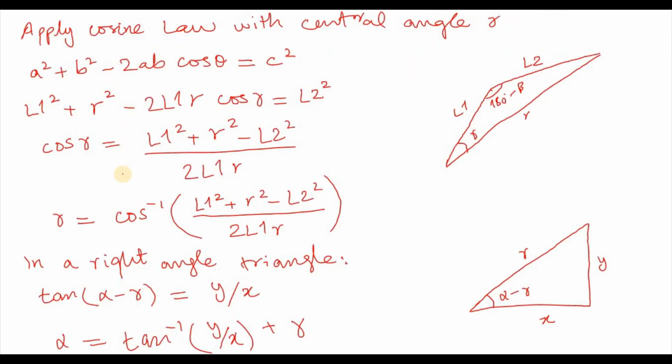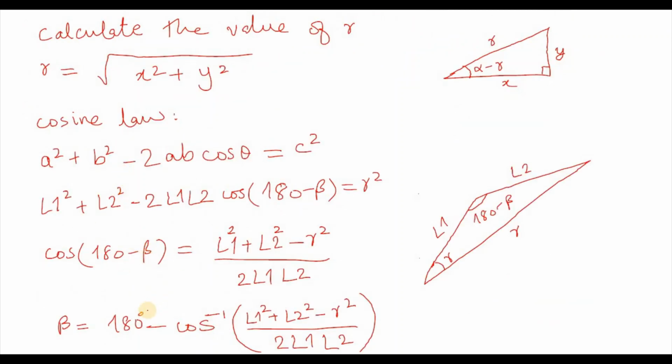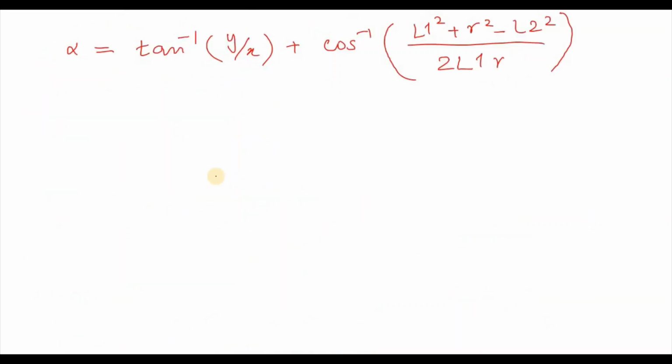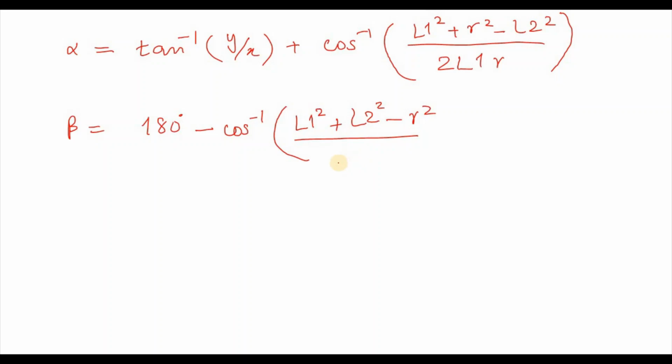So what was the value of your beta angle? Beta we calculated here. So it was 180 degree minus cosine inverse of L1 square plus L2 square minus R square divided by 2L1 L2.